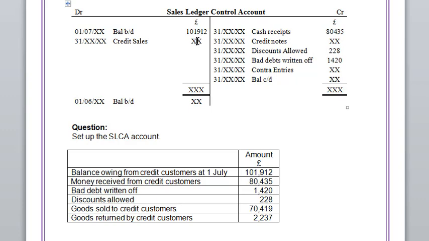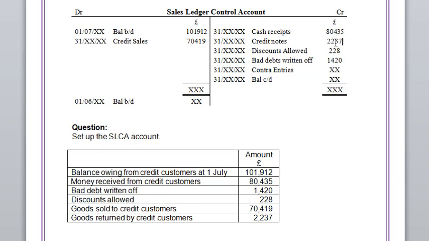That will increase the debtors balance. Goods returned by credit customers. Goods returns usually will attract a credit note, so I'm going to throw it in there. And those are the only items we have on the list. The rest of it is just to close this account.